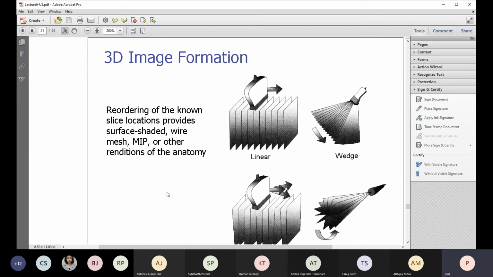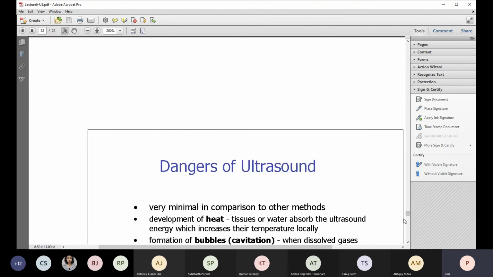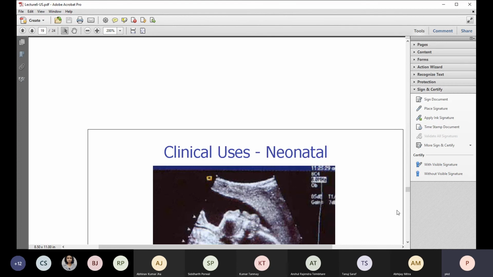For 3D, this principle can be elaborated further, and the scanning can be made not only in XY but in XYZ. So 3D scanning is also possible.